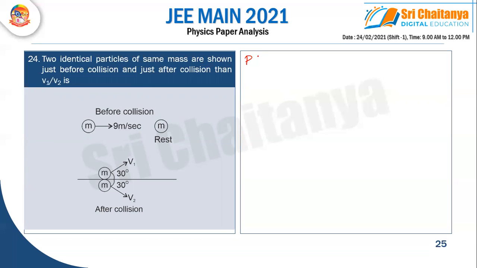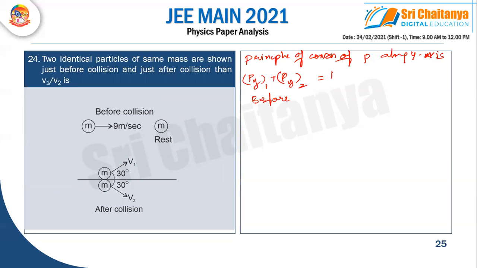Along the y-axis, I'll take Py of first mass plus Py of second mass, before collision, is equal to the y component of momentum of first mass and of second mass after collision.